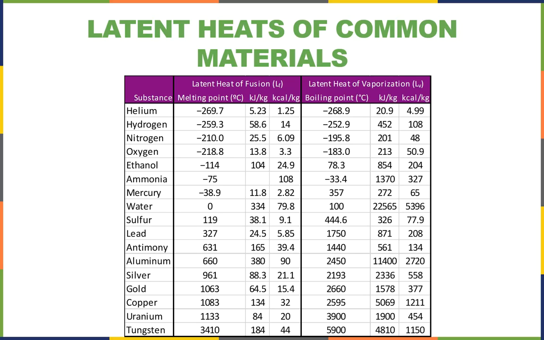But when the ice is gone, you put in that same amount of heat, now the temperature is going to go up. So if you're worried about global warming, when all the ice is gone, the rate of temperature change will accelerate dramatically because of all that heat that's necessary.